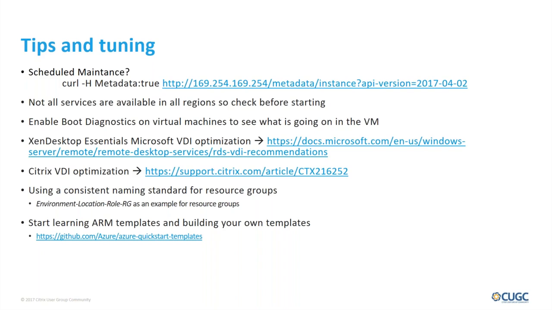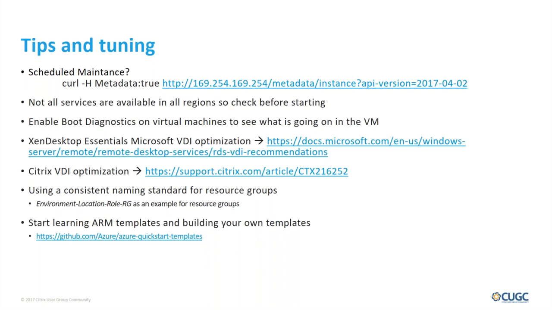And yesterday, actually, Microsoft released VDI optimization tips for Windows 10, which can be used for configuring Citrix Virtual Desktops Essentials. And also Citrix has their own optimization guidelines, which you can look at. And when you set up resource groups in Azure, please have a consistent naming standard.